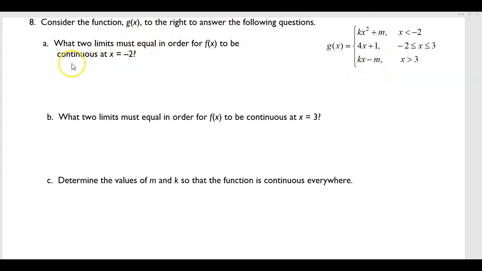So in order for f to be continuous at -2, I would have my limit as x approaches -2 from the left of something has to equal the limit as x approaches -2 from the right. And let's fill in what those somethings are. So to the left of -2 is kx squared plus m. And to the right of -2 is 4x plus 1.